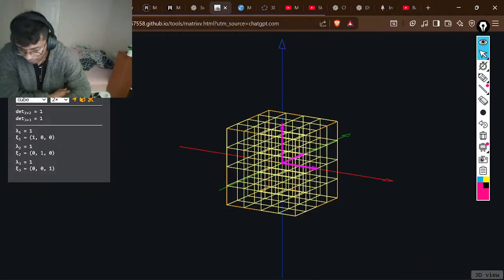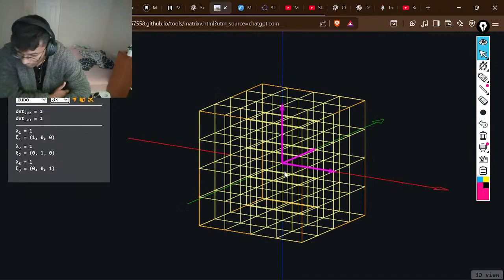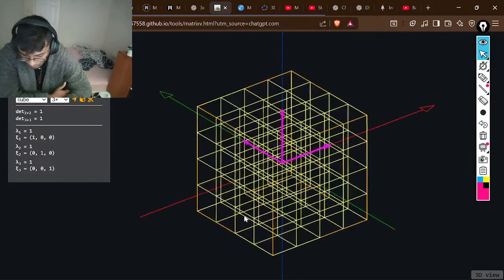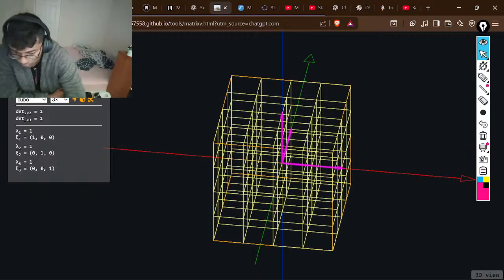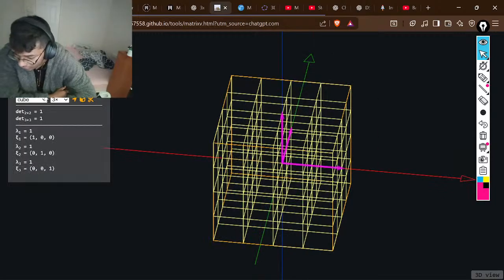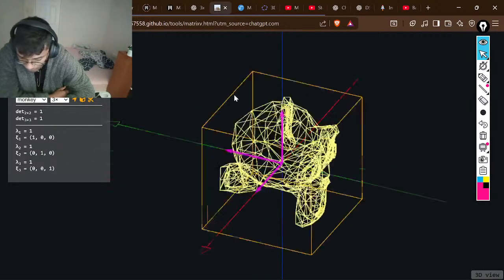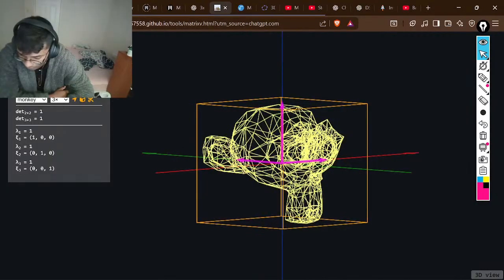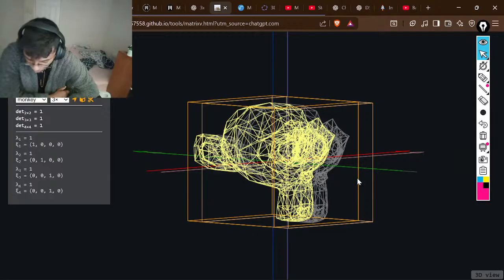Finally. Why is this a 4 by 4 matrix? I want a 3 by 3. Okay. What is this, bro? What is that? Give me a 3 by 3 matrix. What happens if I add the 4th dimension? Whoa.